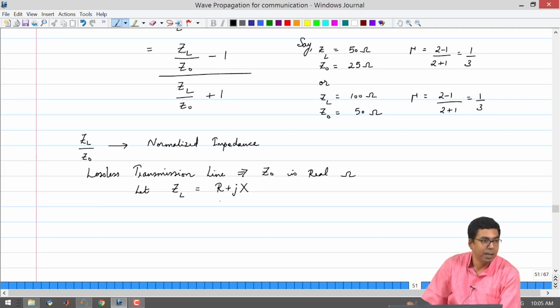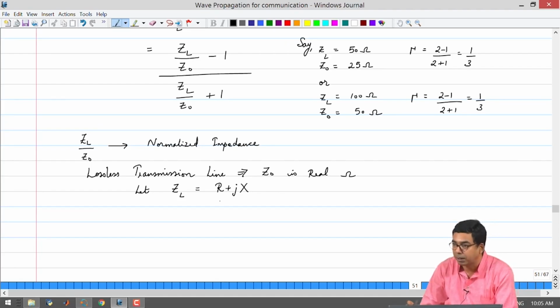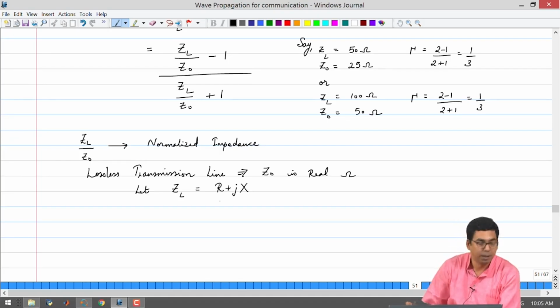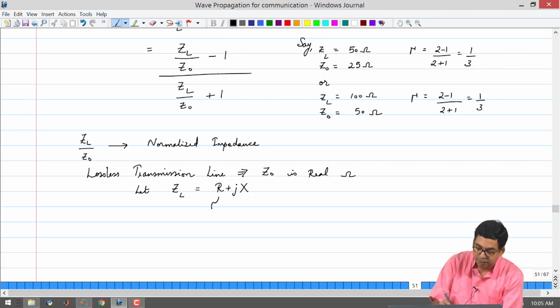We have in our simulations in the past plugged R to be negative, but that is just to prove a point that gain can occur in your medium. However, in passive circuits R is going to be only positive. So, let us make that clear over here.